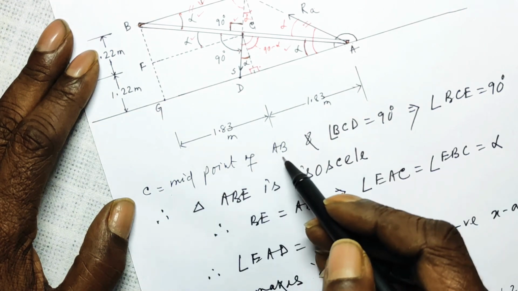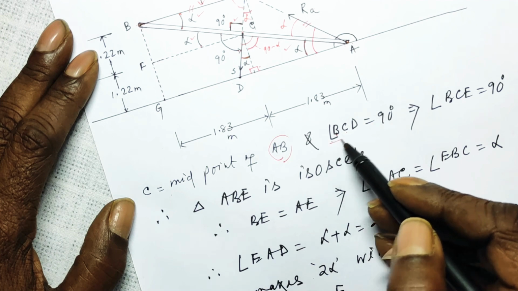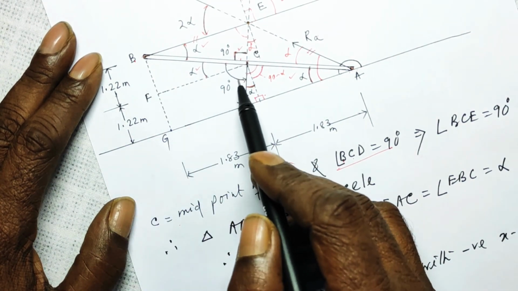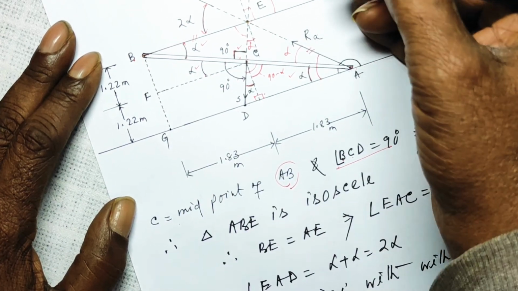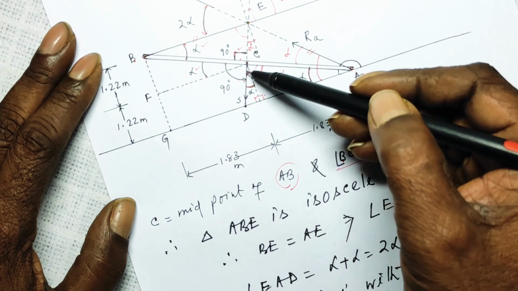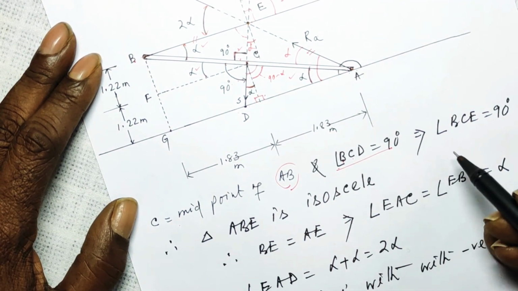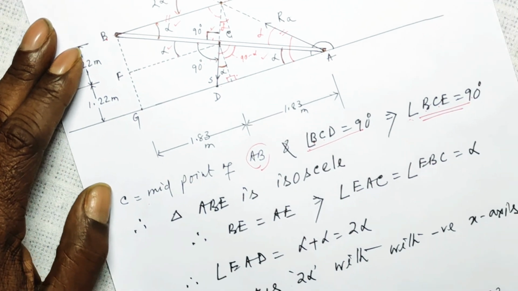C is the midpoint of bar AB, and BCD is given as 90, therefore BCE is also 90, because this is a straight line. At this point the total angle is 180, 90 plus 90. This implies angle BCE is also 90.